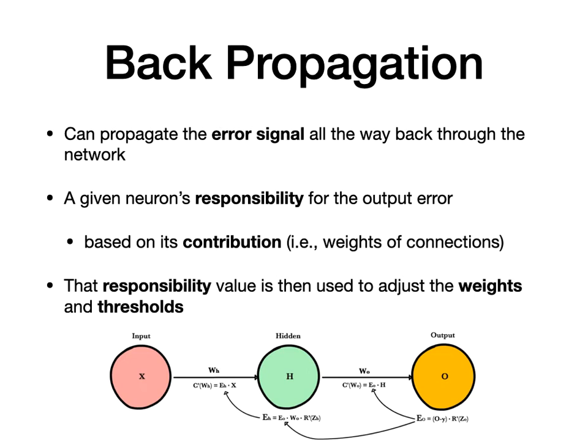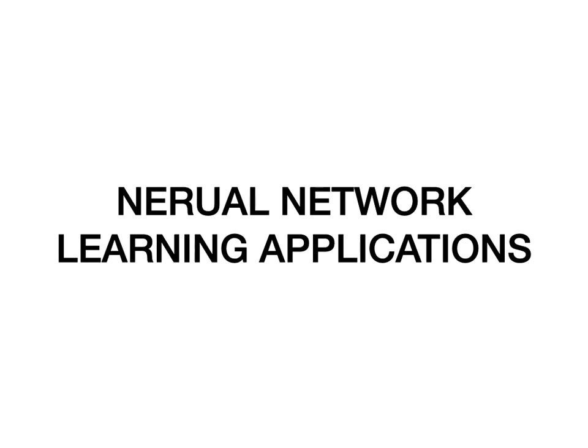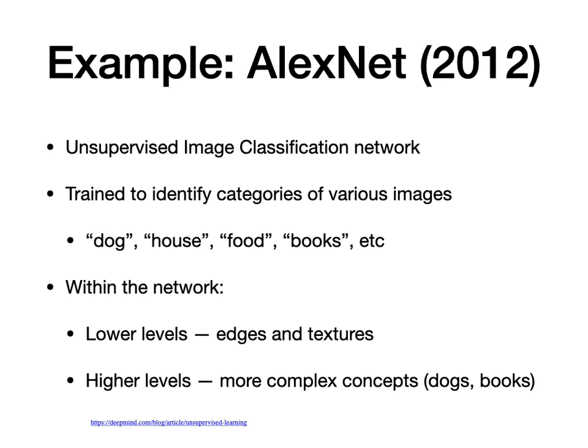So let's look at some applications of neural networks, which are quite interesting. So first, I'm going to show you AlexNet from 2012. So this is, it's unsupervised. It didn't require any sort of feedback. There was no explicit task.